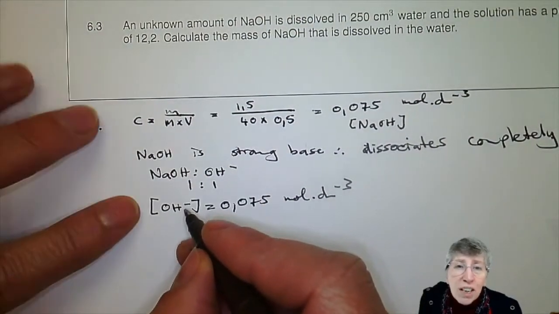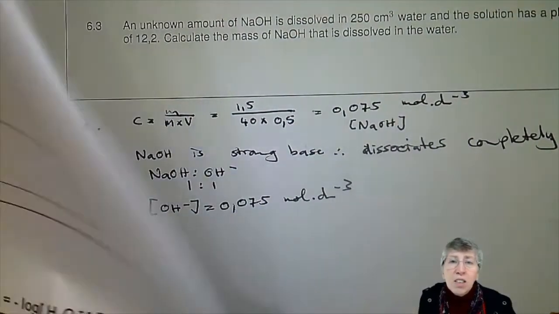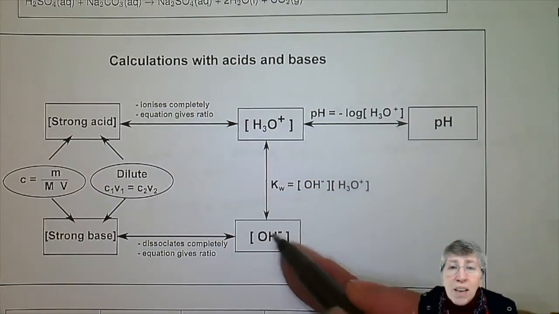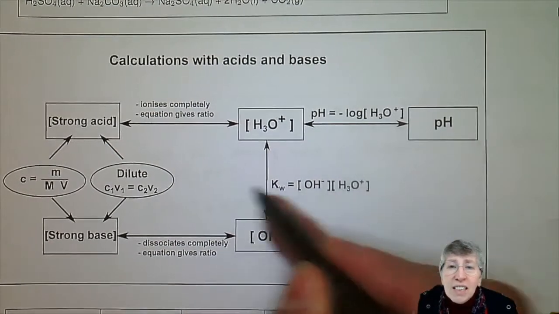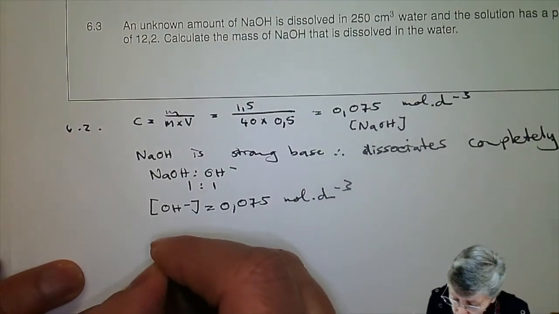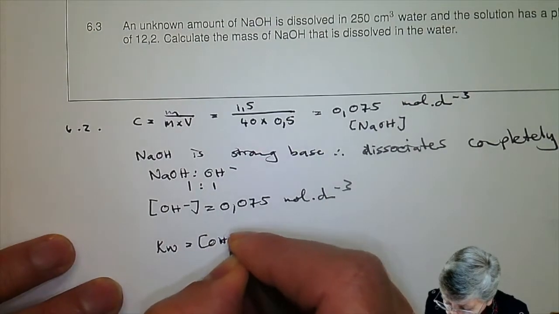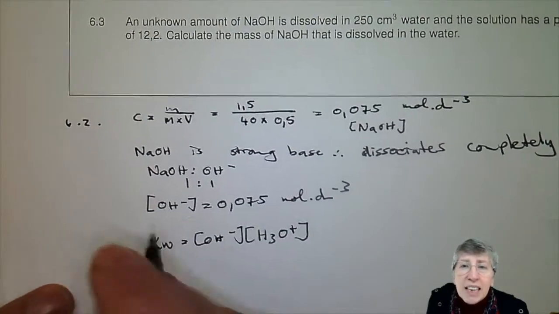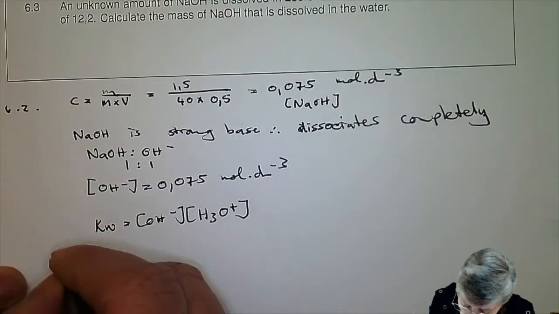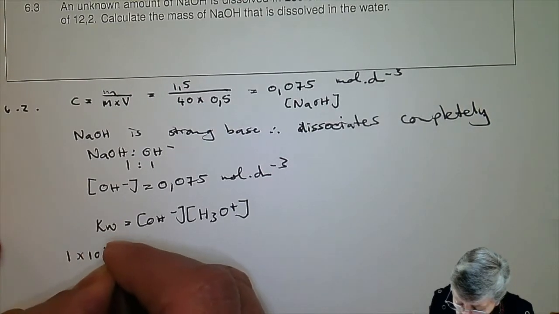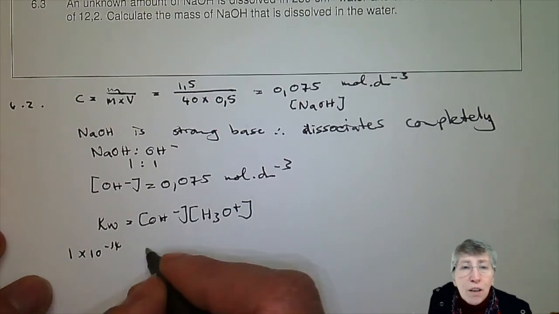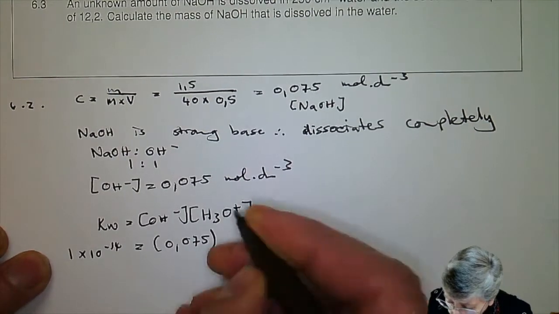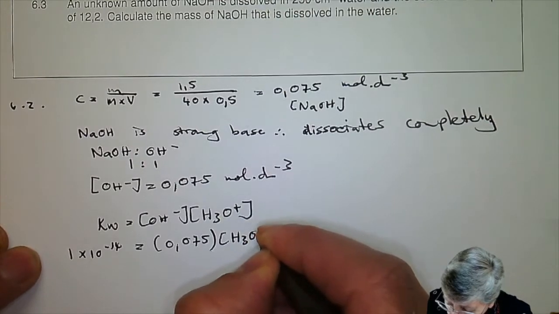Now I've got the OH minus. How do I go from OH minus to pH? For pH, I need the hydronium ion, right? But I've got OH minus. So that is the Kw expression. Kw equals OH minus times H3O plus, right? Now Kw is a Kc, it's an equilibrium constant. We're going to use 1 times 10 to the minus 14 because we assume we are at 25 degrees Celsius, right? And that being 0.075, that will give us the hydronium ion concentration, right?